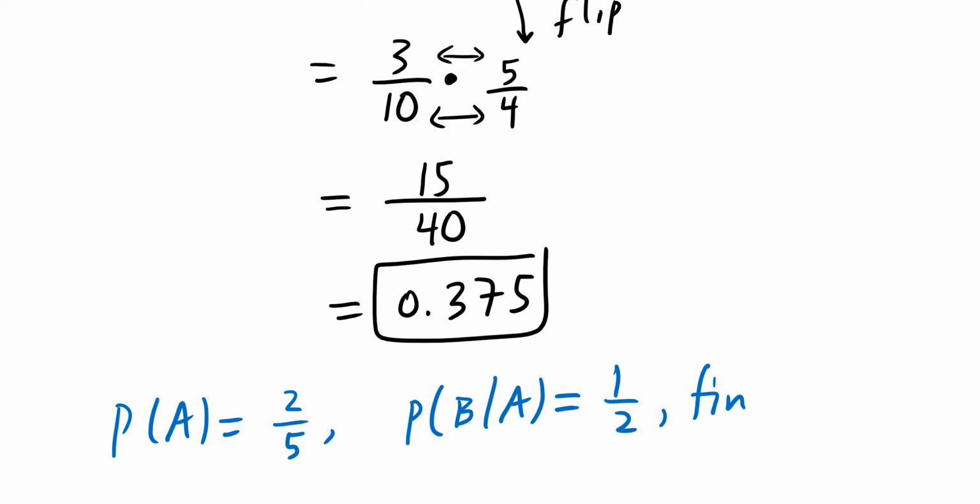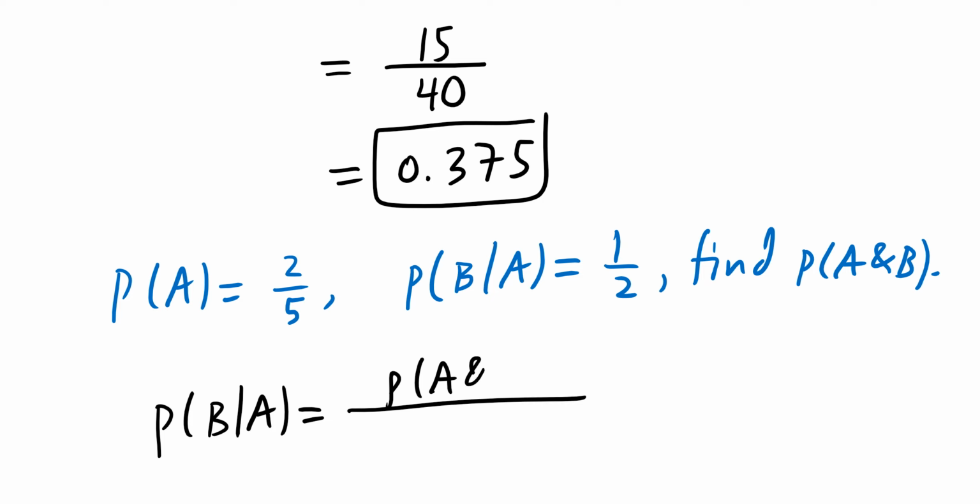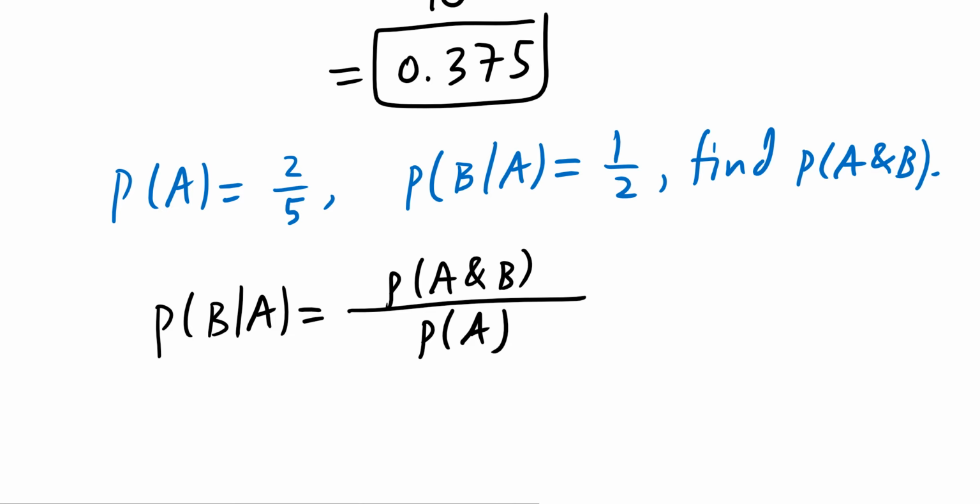They want us to find the probability of A and B. To do so, we first start with the definition or the rule. The probability of B given A is the probability of A and B divided by the probability of A. The probability of B given A is 1/2.